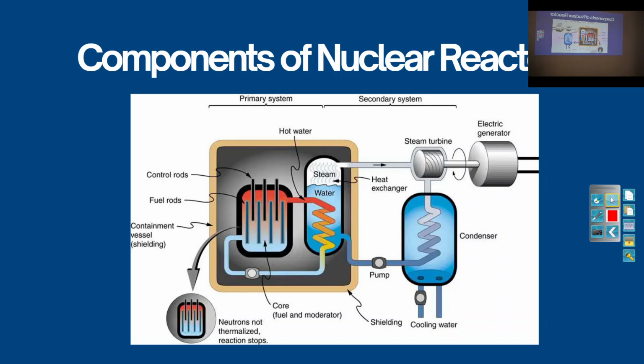And we have coolant. It circulates through the reactor core, absorbing heat produced by the ongoing nuclear chain reaction, to prevent the core from overheating.